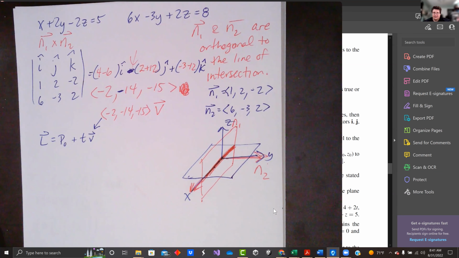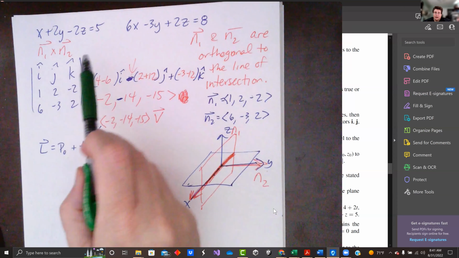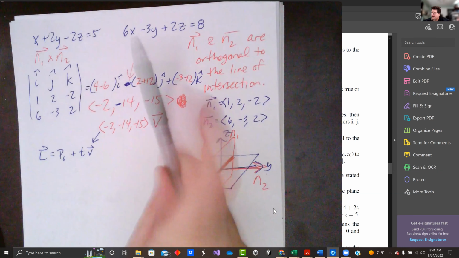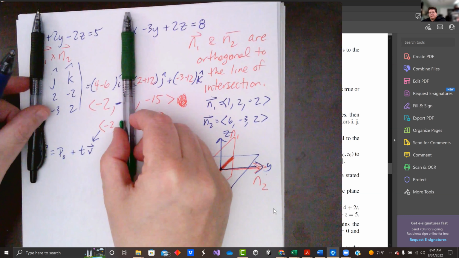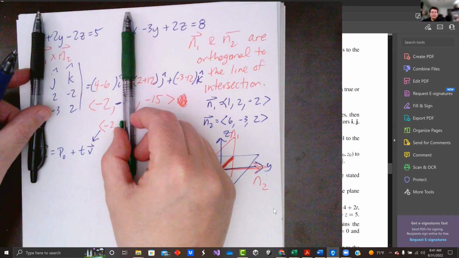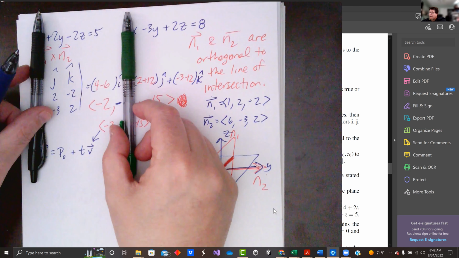We will definitely have x equals 0 somewhere on both planes. So let's do that. I'm picking which value to set to 0. If I zero out x, I've got two equations, 2y minus 2z equals 5 and -3y plus 2z equals 8. That looks like two equations I could work with pretty quickly.